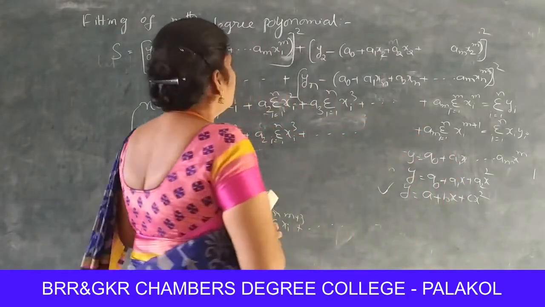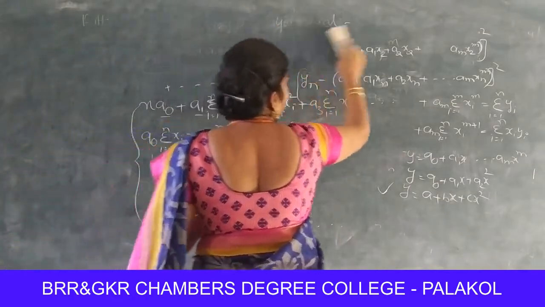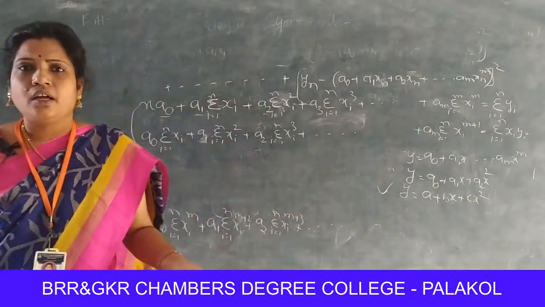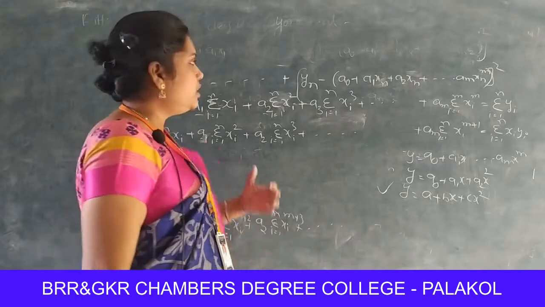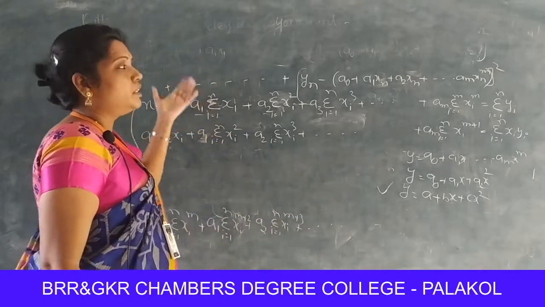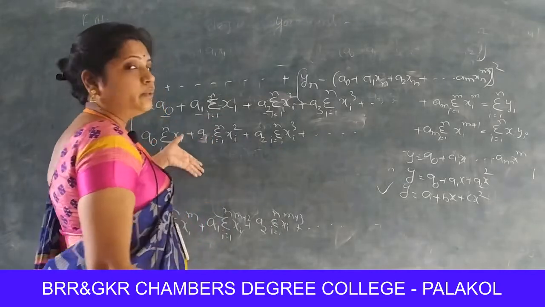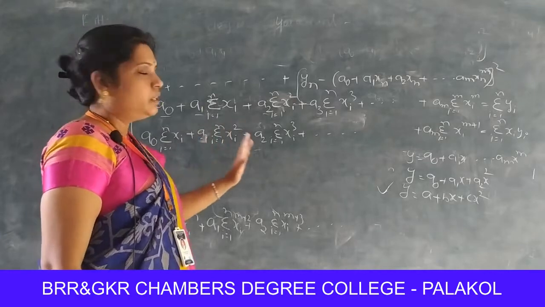We have to find the values of a, b, c for the fitting parabola. We want the normal equations for the parabola. We already learned the normal equations of the nth degree polynomial; from these we write them up to second degree.